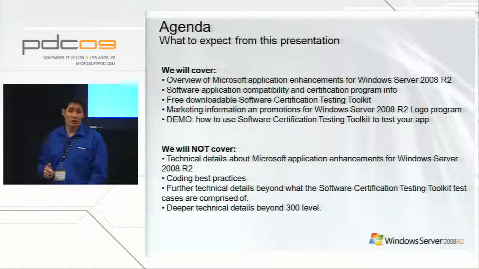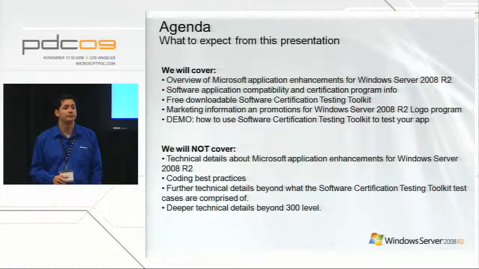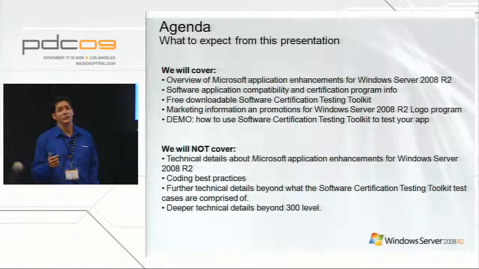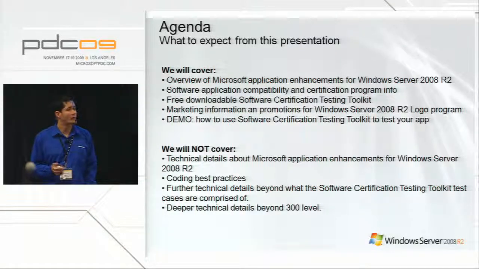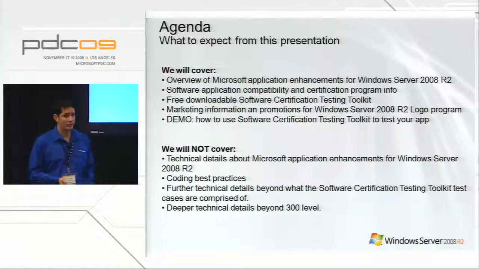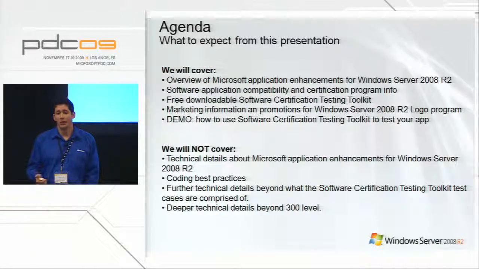So things that we're going to cover for sure today are a quick overview or highlight of the enhancements that Windows Server 2000 AR2 has brought to the release of our newest platform. We're going to talk about our logo program.